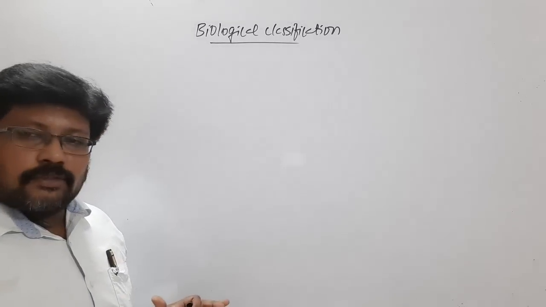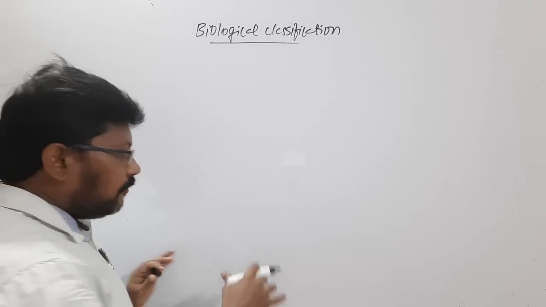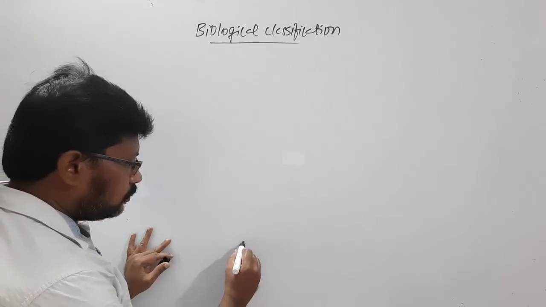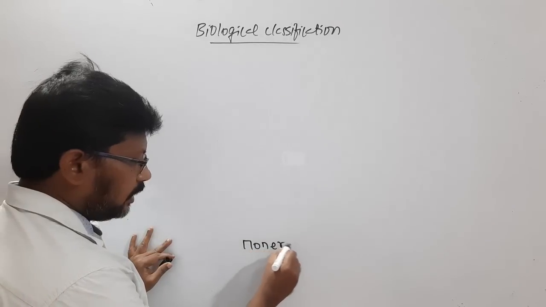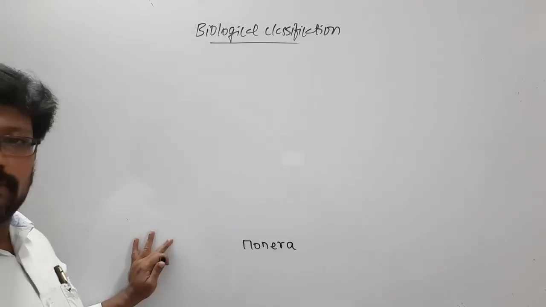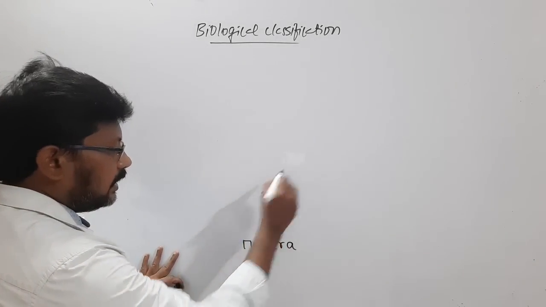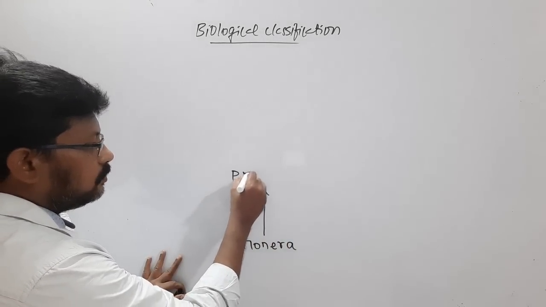So the first group of organisms that evolved on our planet are the ones that belong to Kingdom Monera. In the course of time, Monera gave rise to Protista.